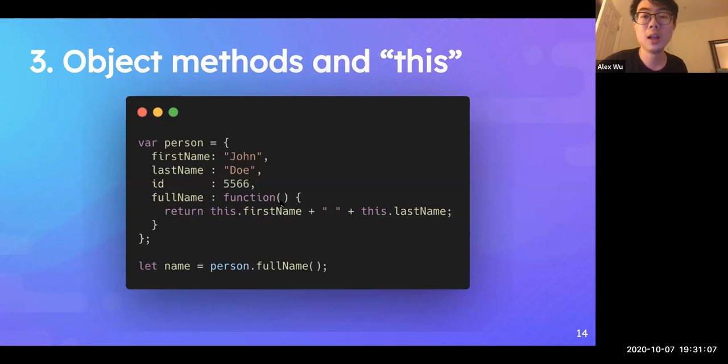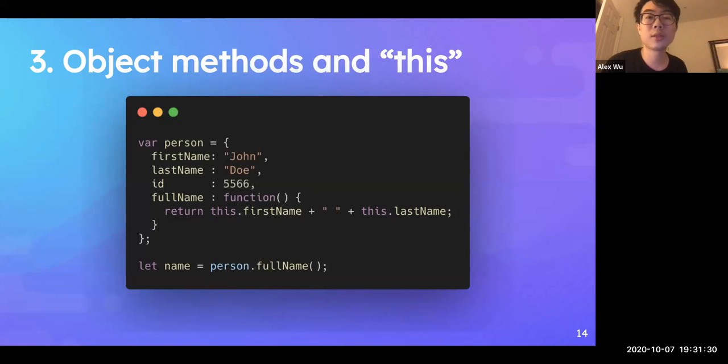It's function, and the bracket here is just for taking parameters. If no parameters are specified, it means the function does not require any parameter. And the curly bracket is the body of the function. It will return this dot first name plus a space plus this dot last name.